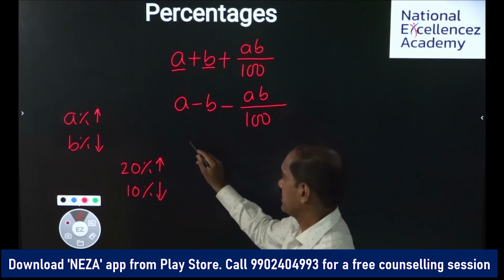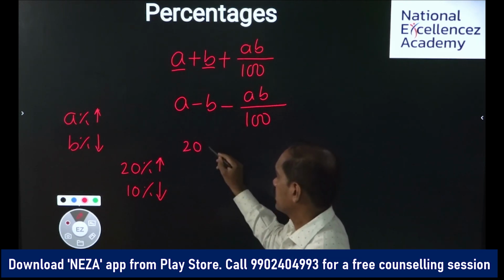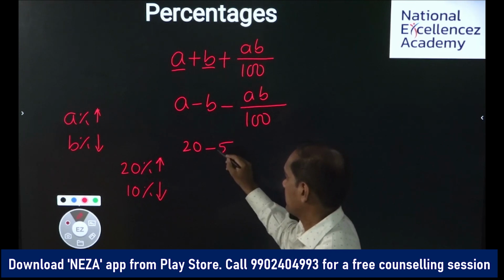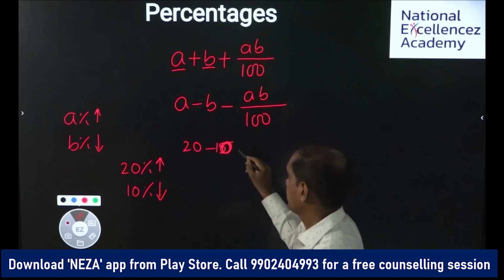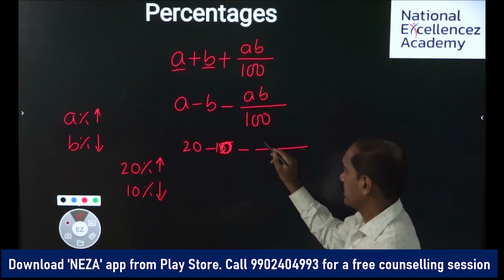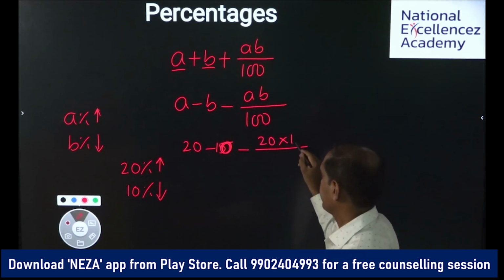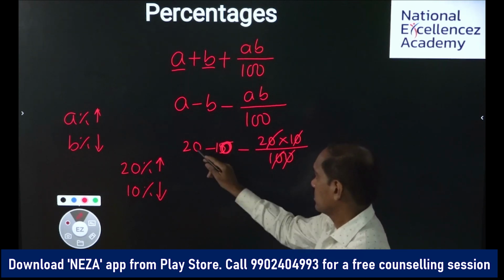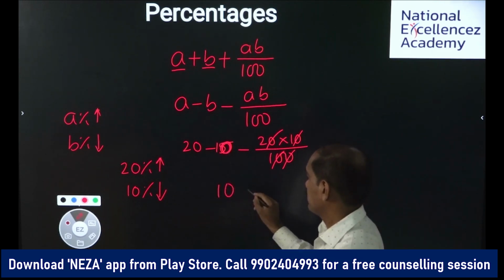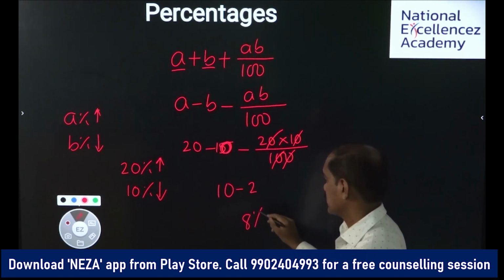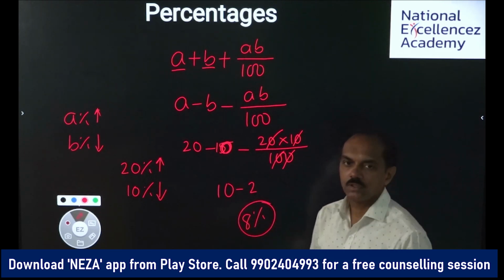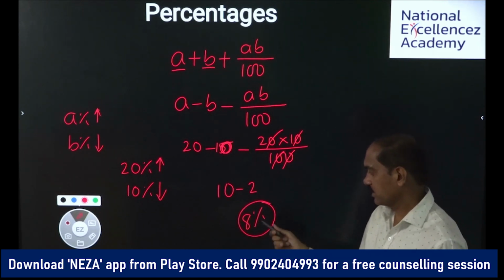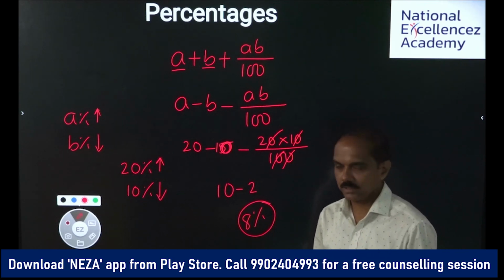A into B, that is 20 into 10, the zeros will get cancelled. 20 minus 10 minus 2, the answer is 8. So the effective change is only 8%, the net effective change.